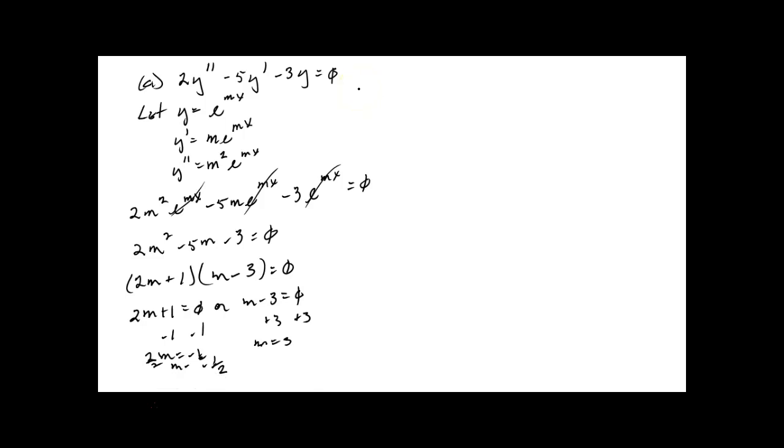So the first one will give you y1 is equal to, let's go on and put an arbitrary coefficient in there, c1 e to the mx. Well, this is e to the minus 1/2 x. There's your m. y2 would be c2 e to the 3x.